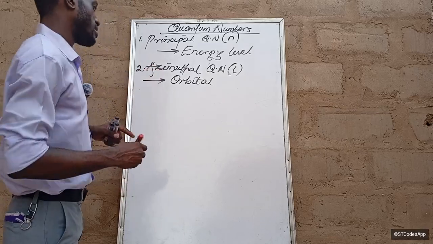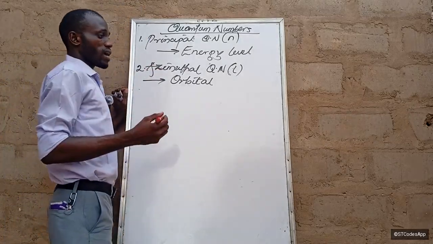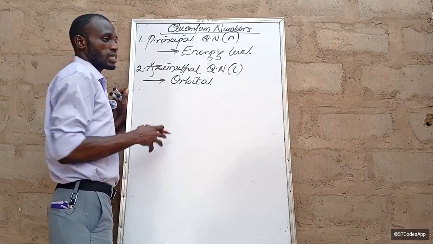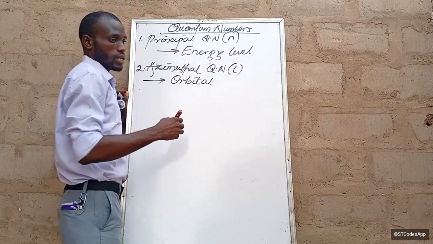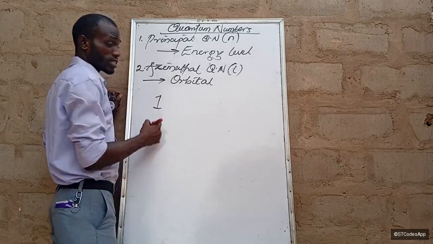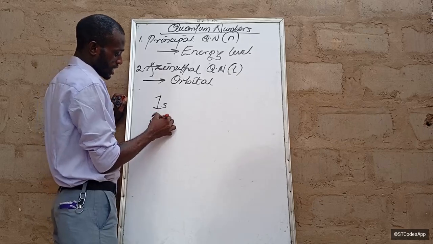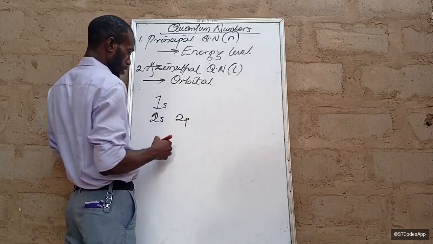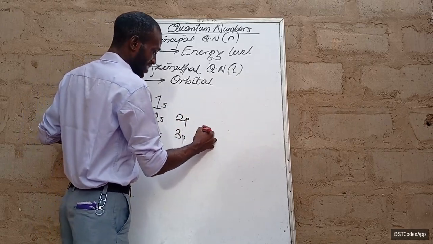Now, why do we need this? Remember that according to Aufbau, the electrons are filled in by building up. If they build up, the first energy level is going to have just one orbital. The second energy level will have s and p orbitals. The third energy level will have s, p, and d.